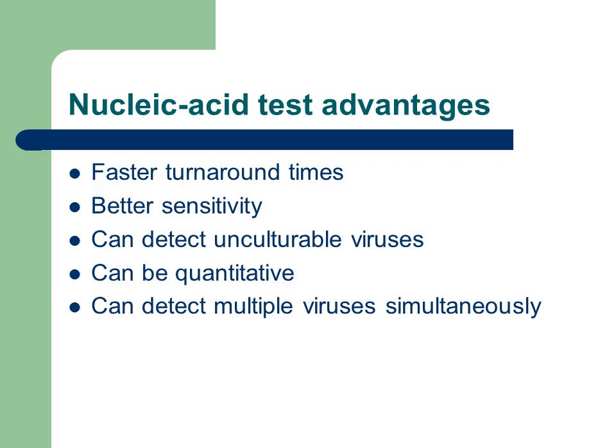You can quantitate nucleic acid tests. So not only can you tell if someone is infected with a virus, you can tell how much they're infected. You can do viral loads. And you can also do nucleic acid tests to look for many viruses at the same time. So if there's a person that has an infection and you don't know what they're infected with, and they may have 10 different types of viruses, you can test for all 10 in the same test.